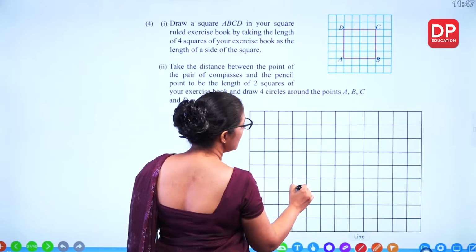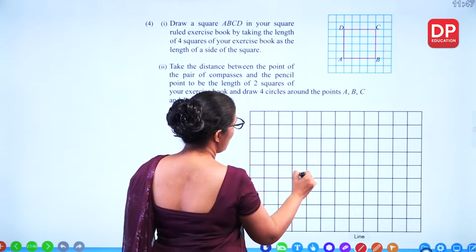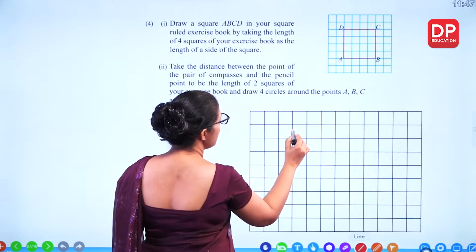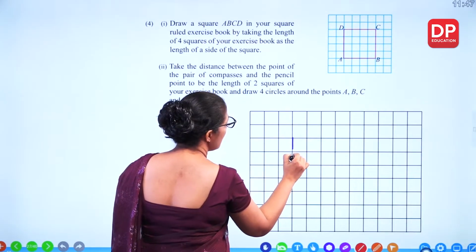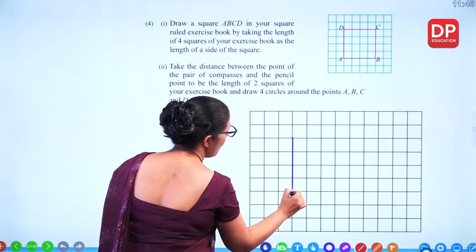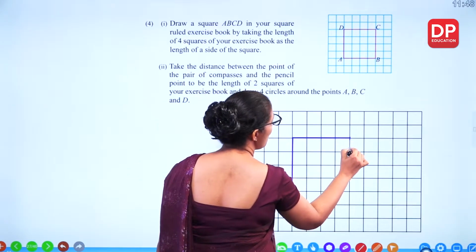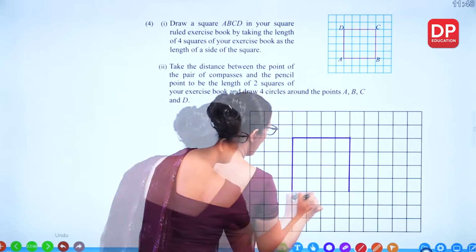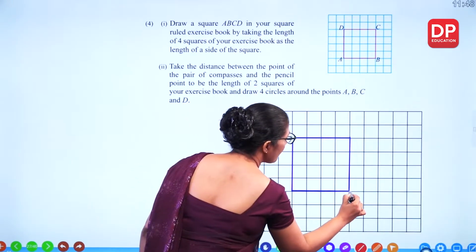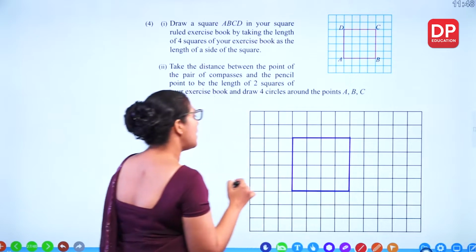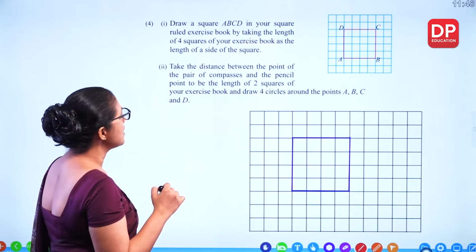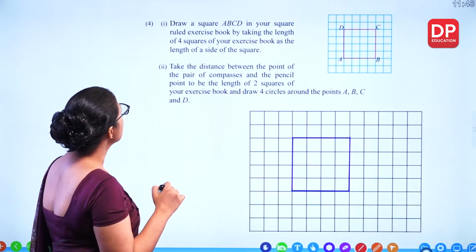Here 2, 3, 4, 5, 6, 7, 8, 9. So I'll keep 1, 2, 3, 4, and this is the square with length 4 centimeters as the side length.